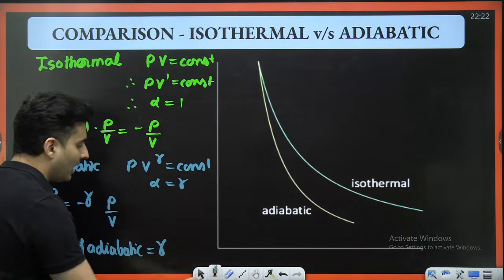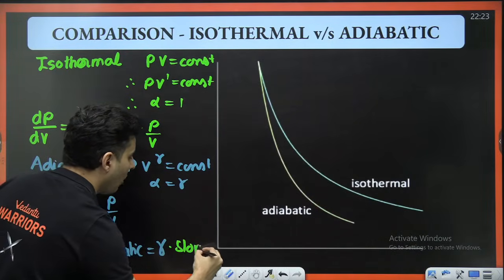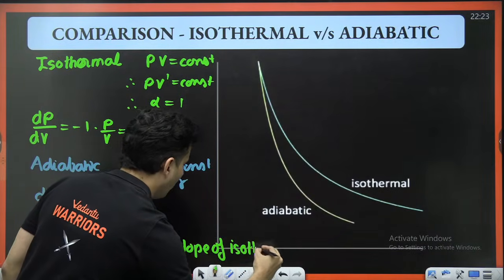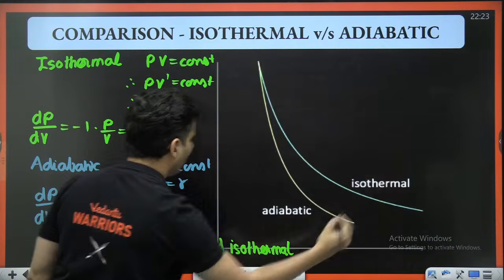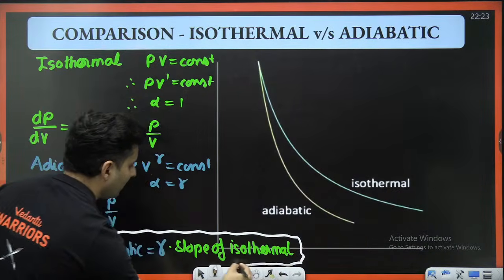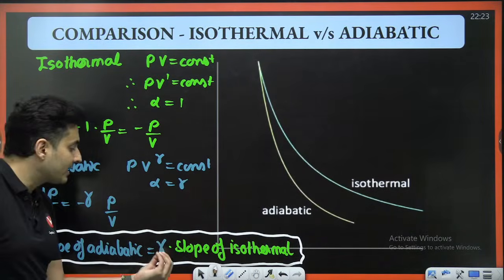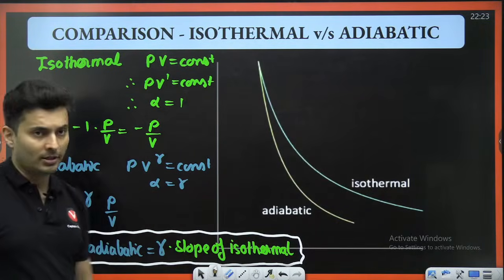So it's gamma into the slope of isothermal. A very, very important conclusion which you should know. Adiabatic is gamma times more slopier than isothermal.